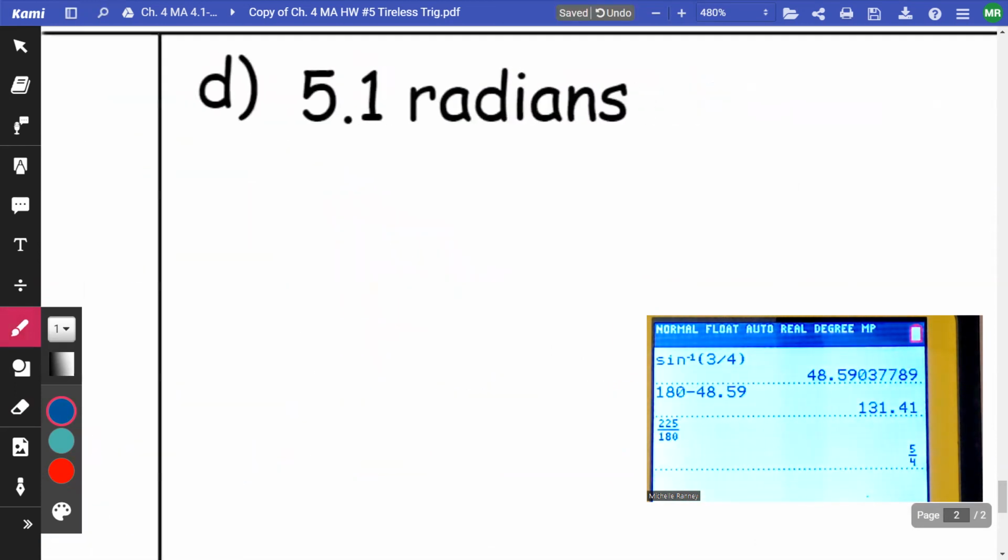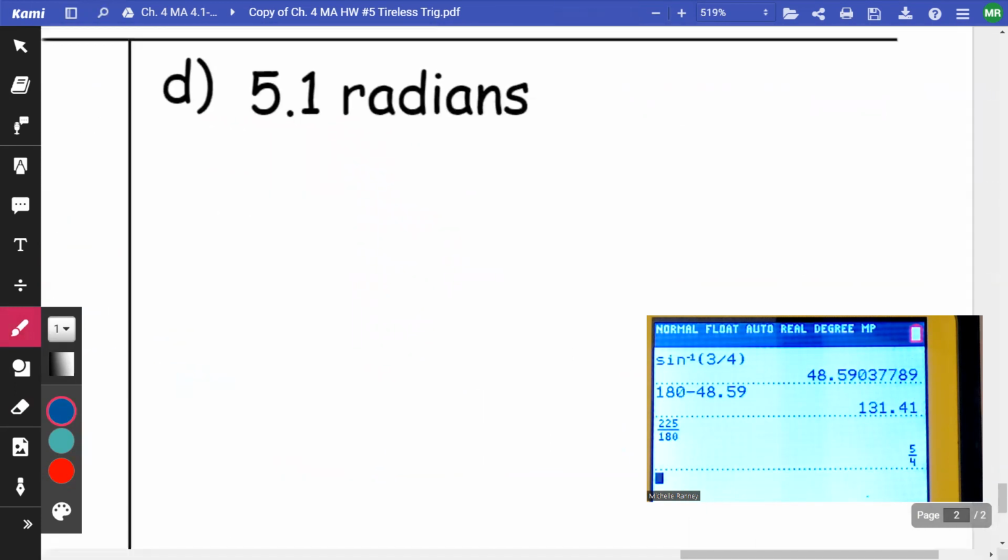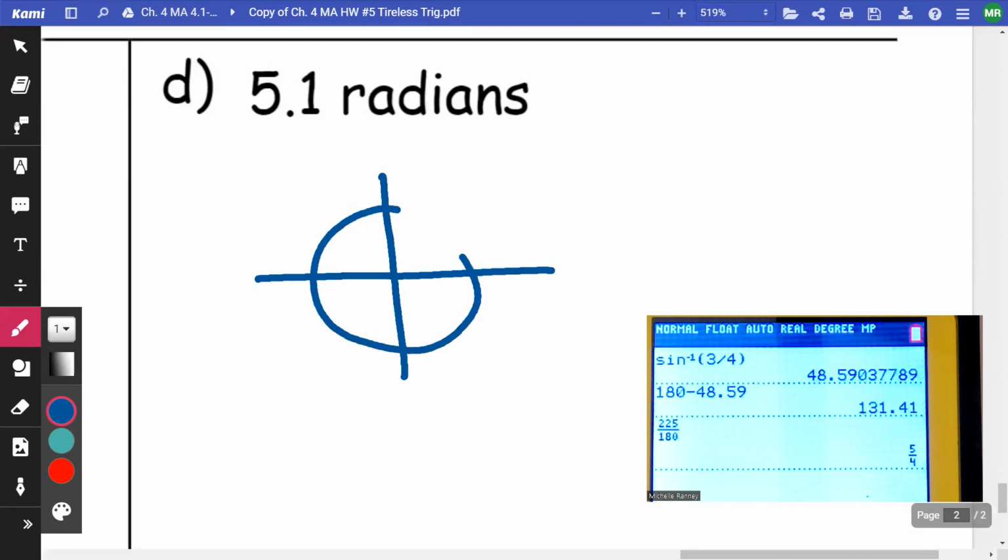Now, the last one, I'm going to have to do some math and use a calculator. So when I'm dealing with this in radians, this is 0 radians. This is pi halves, which is 1.57 radians. This is pi, which is 3.14.